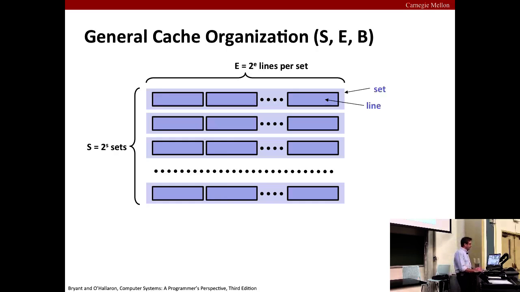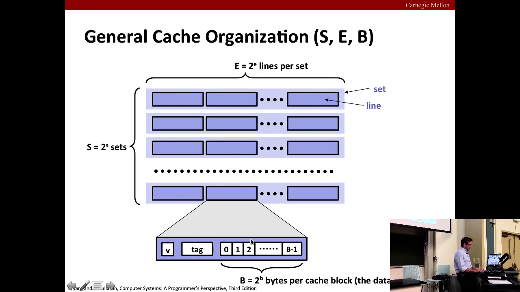You can think of the cache as an array of S equals 2 to the s sets. Each set consists of E lines, where each line consists of a block of B equals 2 to the b bytes of data, a valid bit, which indicates whether the bits in the data block are actually meaningful.